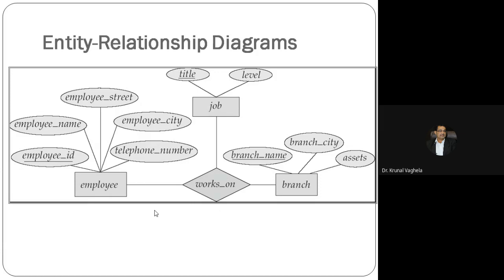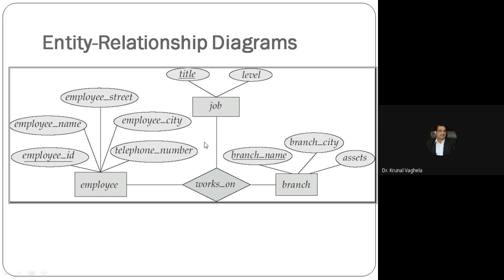Now what is new? Now three entity sets are related with each other: employee, branch, and job. An employee works at this branch with his job title.